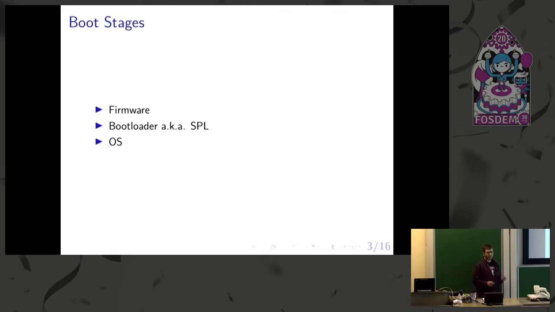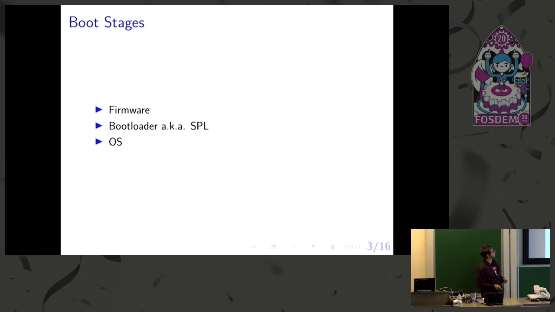In this presentation, I assume the booting process comprises the following stages. The firmware is what others call RBL, Angelo called it RBL. This is a piece of immutable code that comes with a CPU. It cannot be changed by any means.